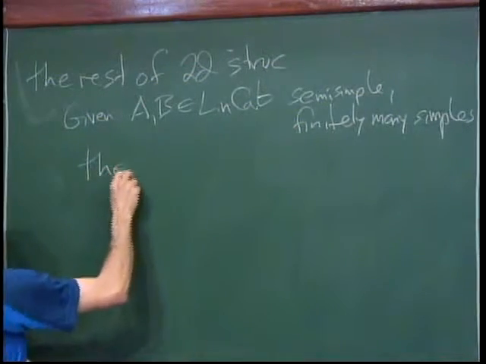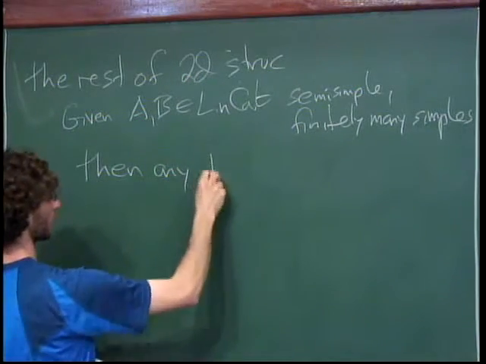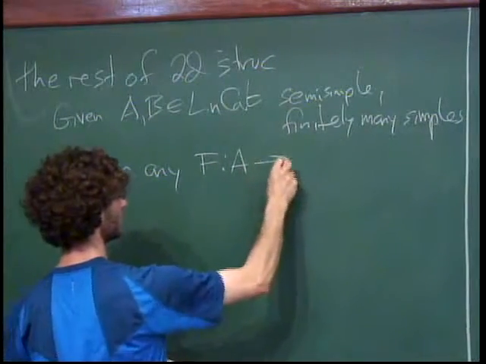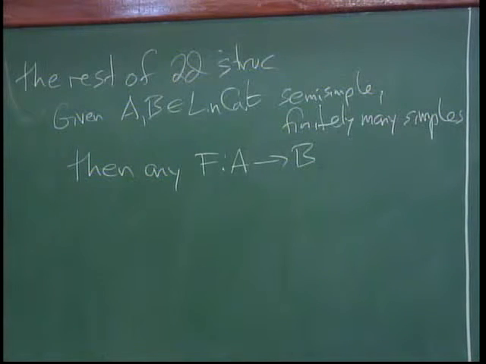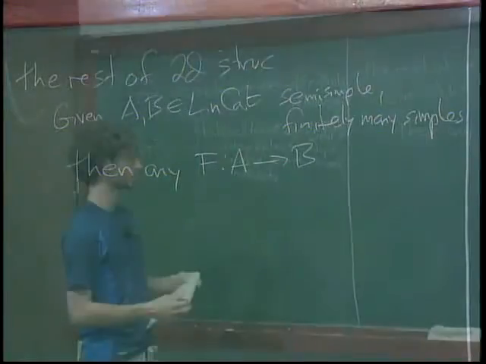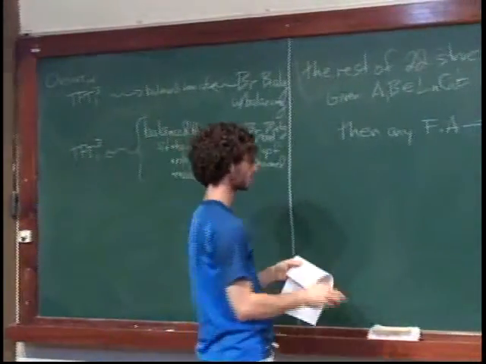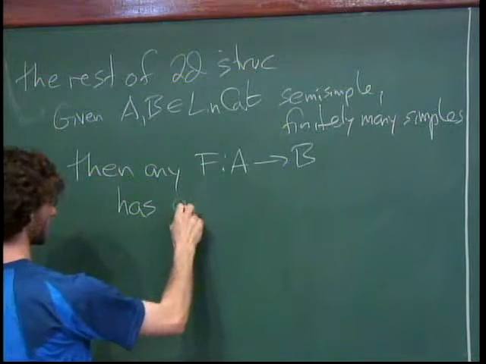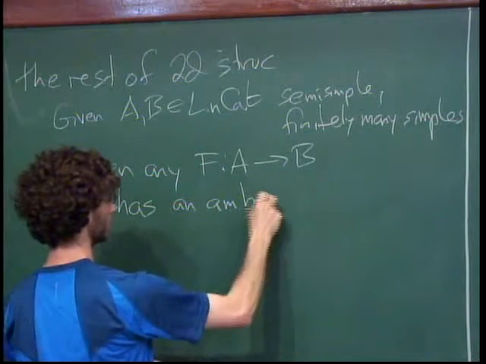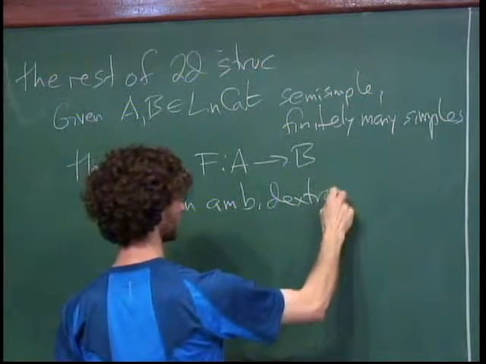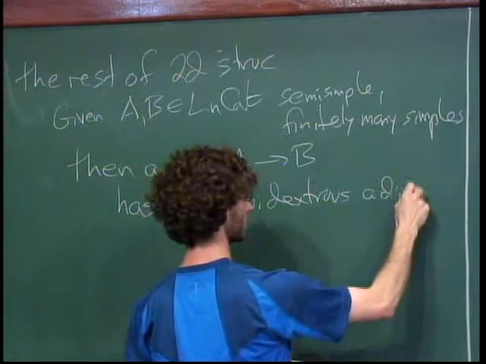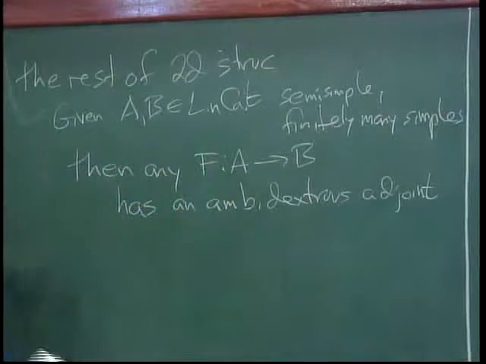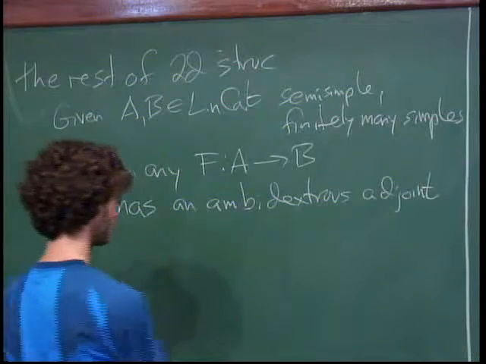In particular, any functor, call it F, from A to B has both a left and a right adjoint, and those adjoints are actually equivalent. That situation is called having an ambidextrous adjoint. We've been using the words dual and adjoint interchangeably, so I hope that's not confusing anyone.